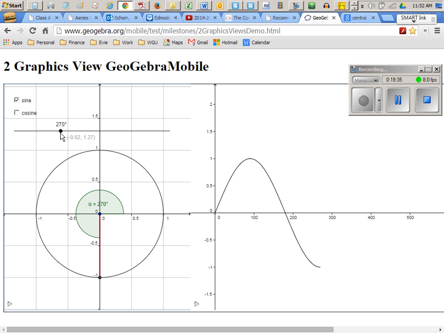So at 270 I hit 0. Next stop is right there at 300, where my x coordinate is now 0.5. And lastly, if I go full circle, I end up at the same x coordinate I started at, which was 1.